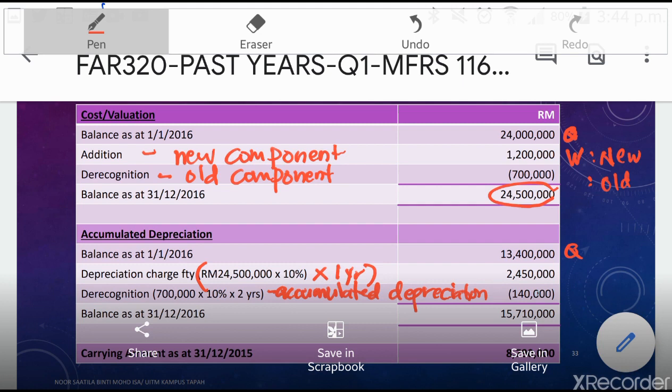In terms of derecognition, when you derecognize an asset, it's not just that you go and hand over the so-called component physically, but also you need to take out or remove or eliminate your accounting record related to it, meaning that you need to do some adjustment to it. Previously you provided depreciation.